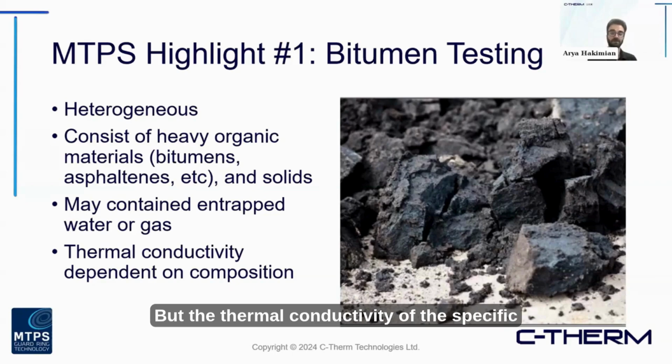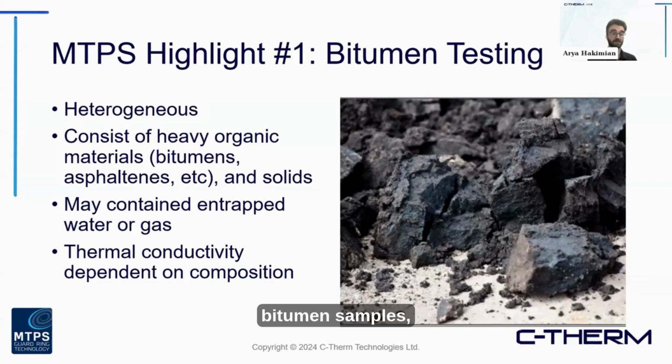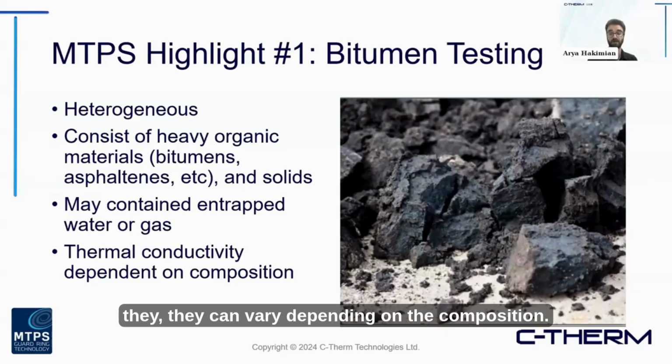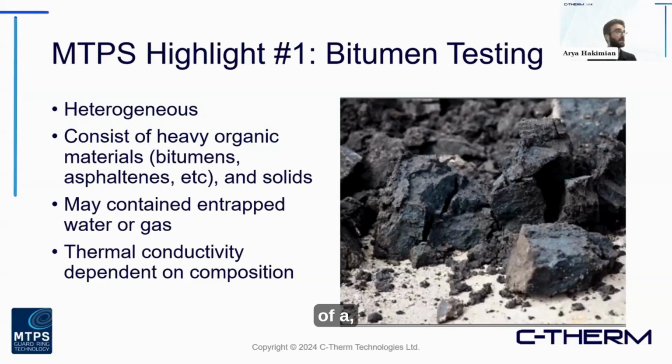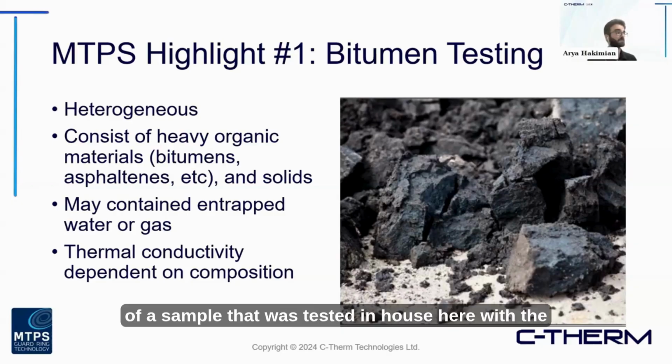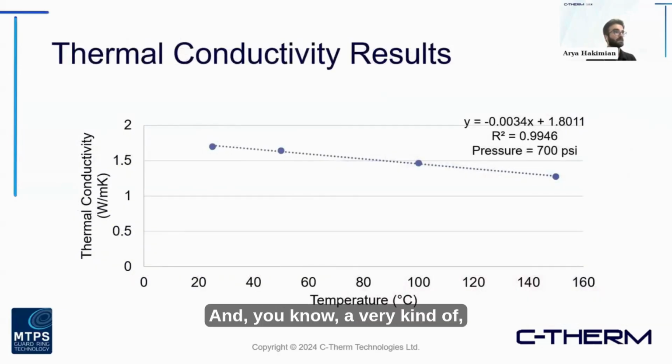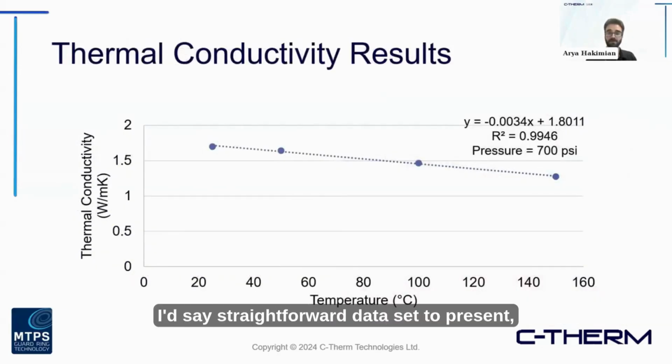The thermal conductivity of specific bitumen samples can vary depending on the composition. So we have one example here of a sample that was tested in-house with the MTPS. It's a very straightforward data set to present, really just demonstrating thermal conductivity as a function of temperature.